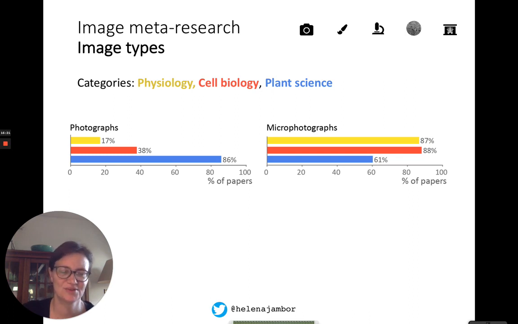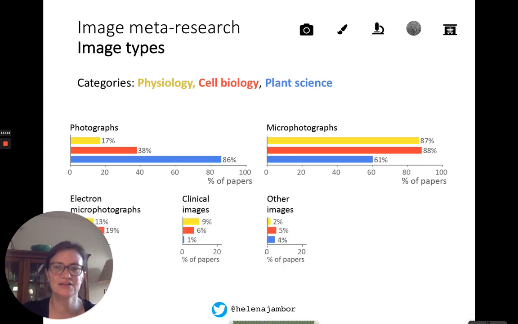That was the criteria for inclusion, and most of the images, 90% in cell biology and physiology, were indeed microphotographs, so confocal, etc., images from some kind of microscopy instrument. And in plant science, this was very heavy on photos as well.